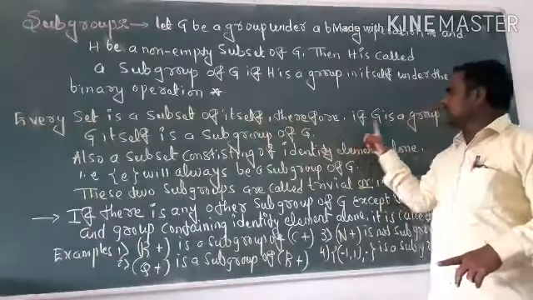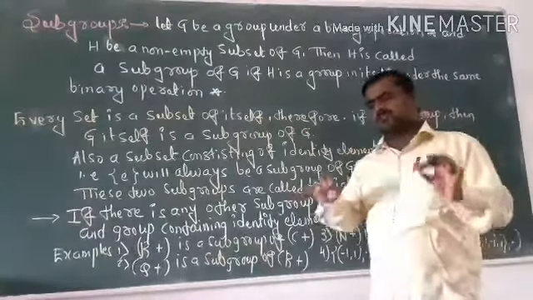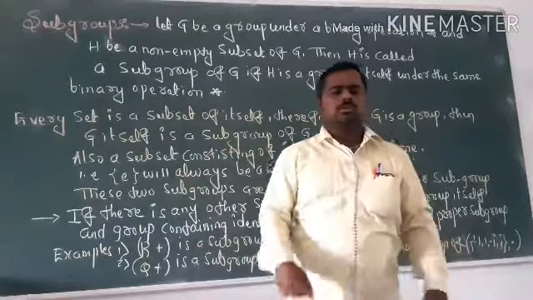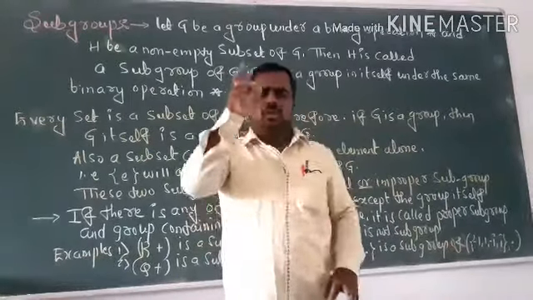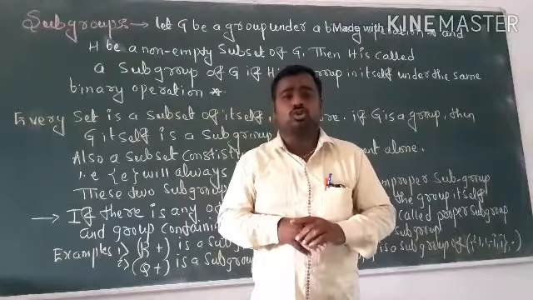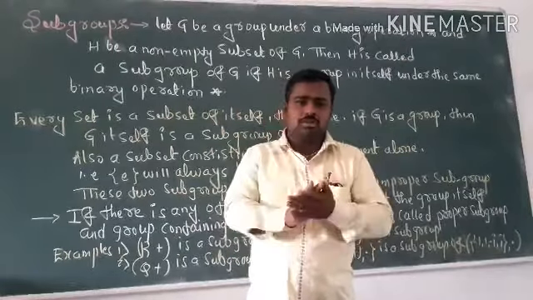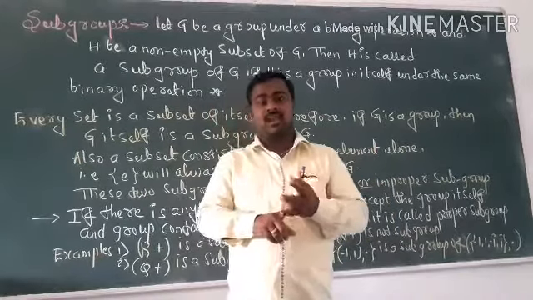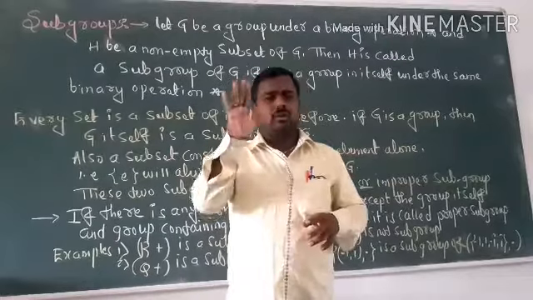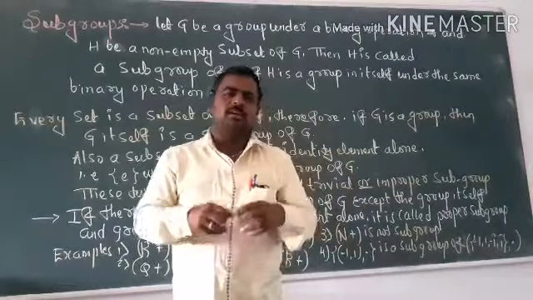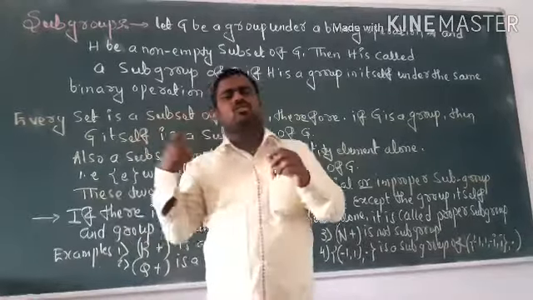So G is a subgroup of G itself. Clearly try to understand: in first year I told you, what do you mean by a proper set and an improper set? Go to your first year textbook and that chapter. There is a strong linkage between these two concepts.